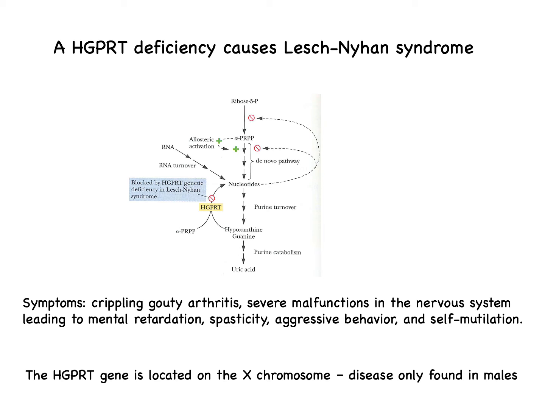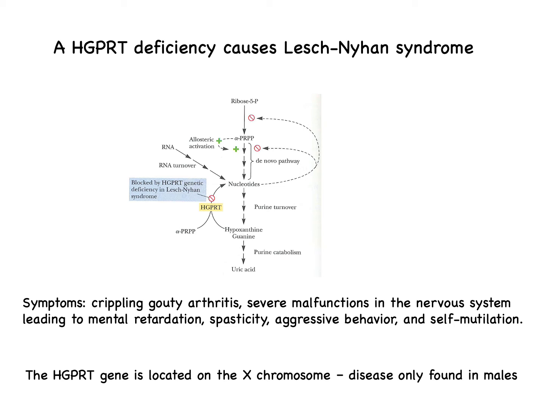Now, the HPRT gene is located on the X chromosome, so that should tell you right away that we only find this disease in males. Now, if it were a genetic disease on the X chromosome that didn't manifest itself till later in life, we might find females at a lower rate than males that would have the problem.